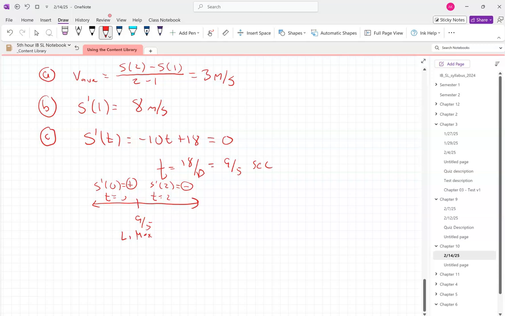And then to show that it's an overall maximum, if I look at the second derivative of this, that's negative 10, right?